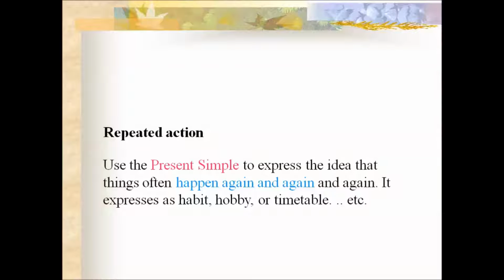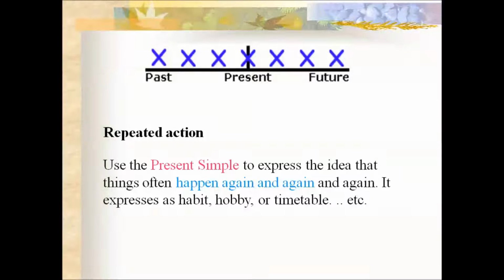Sorry, I should say it is about something that happens again and again and is true. If you look at the chart, the present simple is usually used to talk about the present only, not about the past.